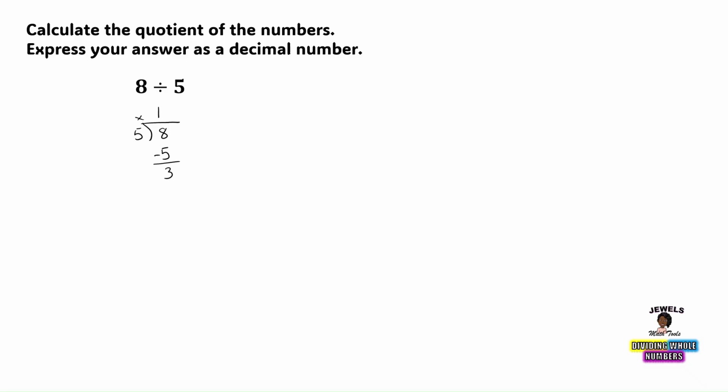And just like we did before, we're going to add in our decimal point behind our quotient, behind our dividend, add in a 0, bring down that 0, changing our 3 into 30, and then we'll divide 5 into 30, which goes 6 times. 6 times 5 will equal 30. And 30 minus 30 gives us a difference of 0. So our quotient for this question is 1 and 6 tenths.